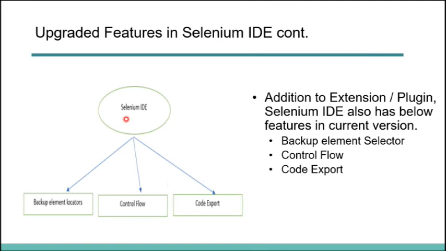In addition to these features, we have some more features available in Selenium IDE for version 4, which are known as backup element locator, backup element selector, control flow, and code export.